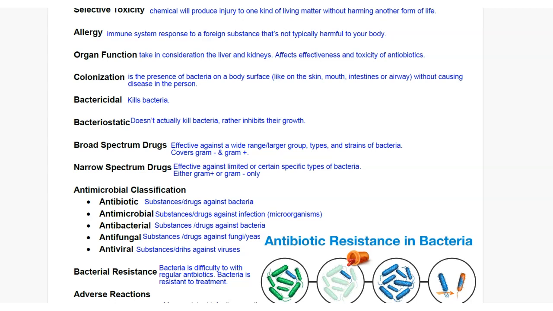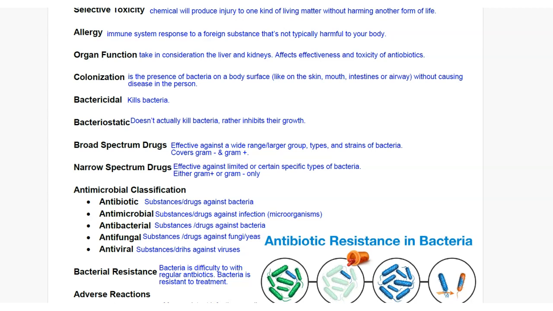So this type of treatment is very effective when we still don't know exactly what's causing the infection. So this is commonly given in severe infection and they can't really wait until they get the culture results. And so they just start treating patients with broad spectrum antibiotics or drugs.